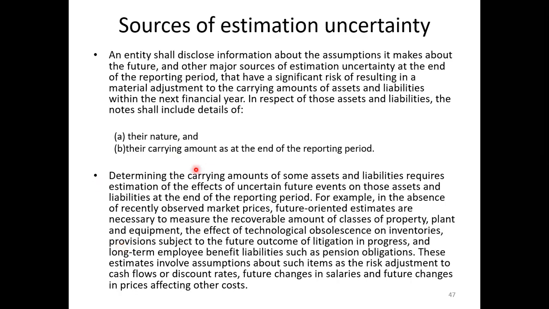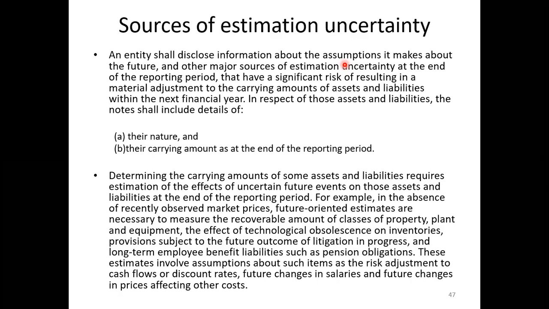An entity shall disclose information about the assumptions it makes about the future and other major sources of estimation uncertainty at the end of the reporting period that have a significant risk of resulting in a material adjustment to the carrying amount of assets and liabilities within the next financial year.